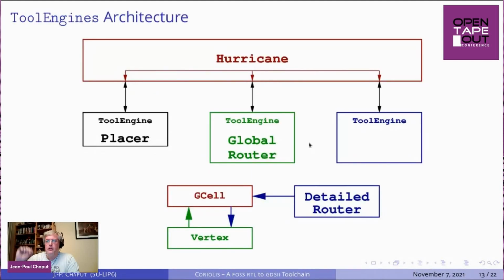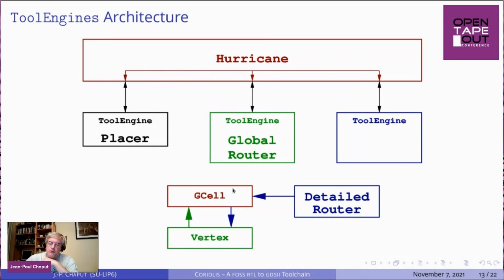So this has deep implications for how you build your software. Here is a very schematic figure of how Coriolis is organized. We have a central database, Hurricane, onto which all the tools are bound, and they communicate both through the database and also directly between them.